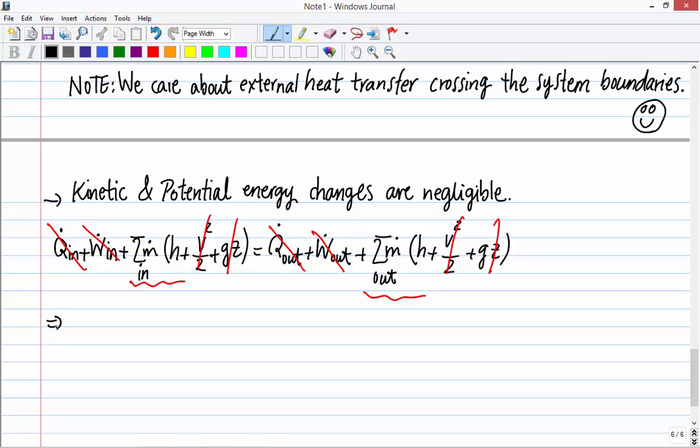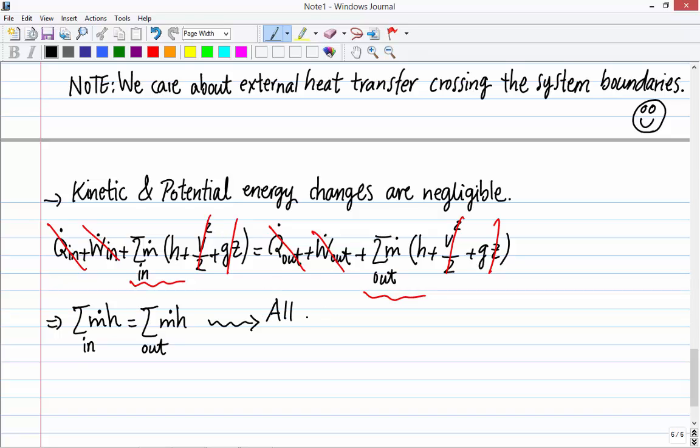Therefore, we can summarize this into m dot h inlet equals m dot h out. Great. Now, see, it's a lot easier.